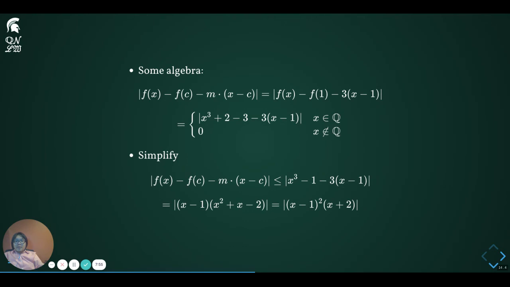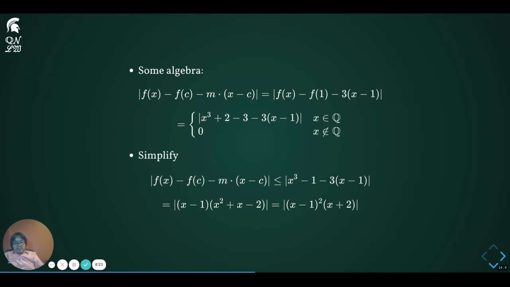So this shows that the worst case scenario is what happens when x is rational. So we can say that regardless of whether x is rational or not, the difference between the function and its best linear approximation is always no bigger than the quantity absolute value of x cubed minus 1 minus 3 times x minus 1.